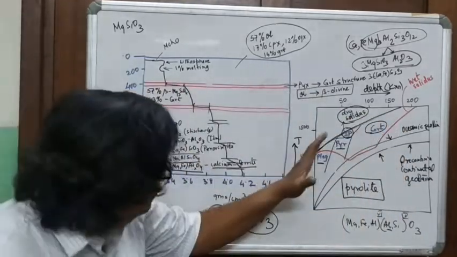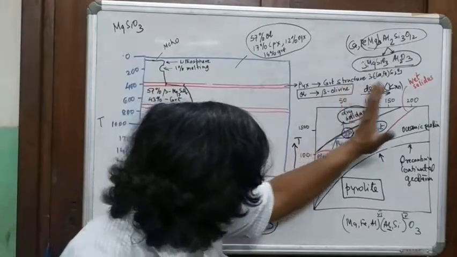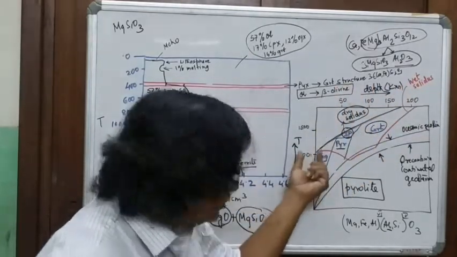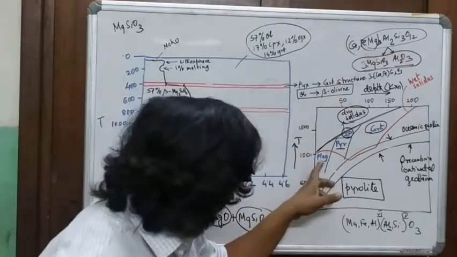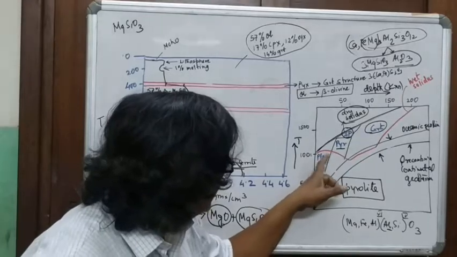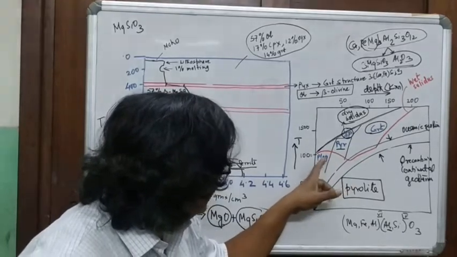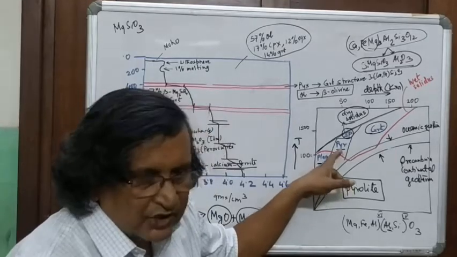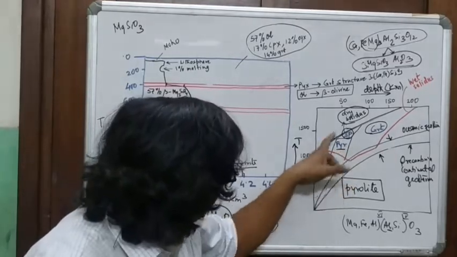At low pressure, with pressure increasing this way, at small depths below the surface you will have a plagioclase pyrolite. Then a transformation occurs where plagioclase is taken out and you have orthopyroxene, clinopyroxene and olivine, and this is the pyrolite.